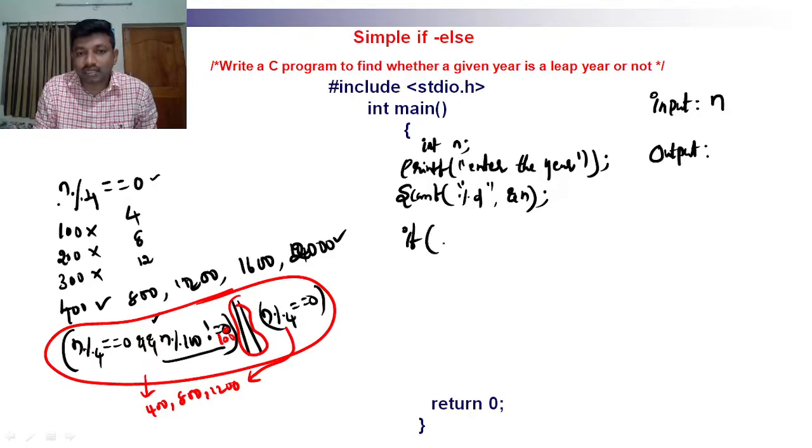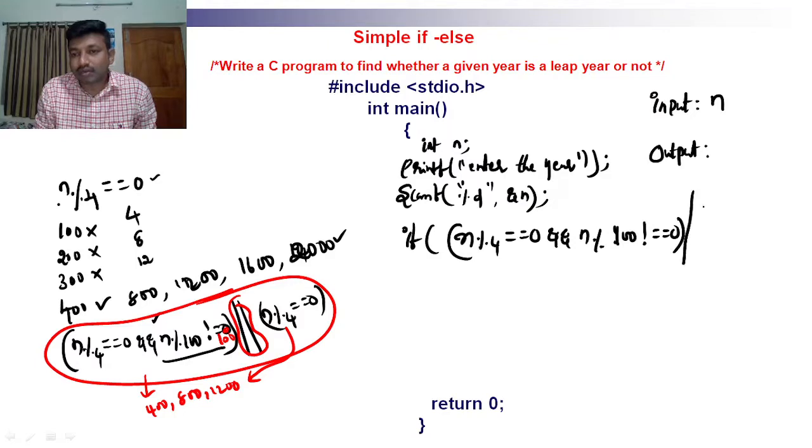If n % 4 is equal to 0 and at the same time n must not be equal to 0 when divided by 100, either this has to happen, or, the OR operator I am writing, this is the logical AND, and this is the logical OR, or n % 400 must be equal to 0.